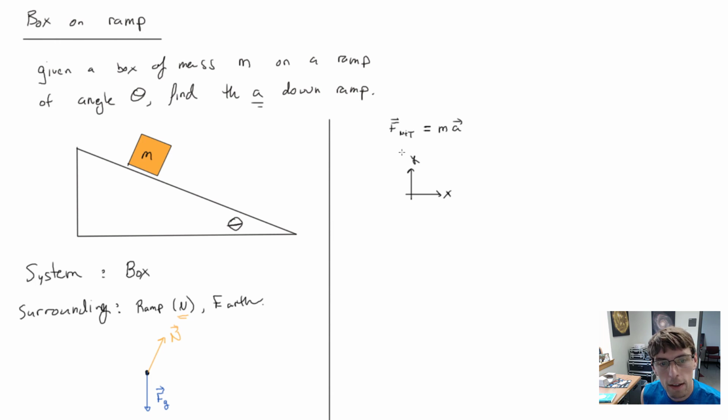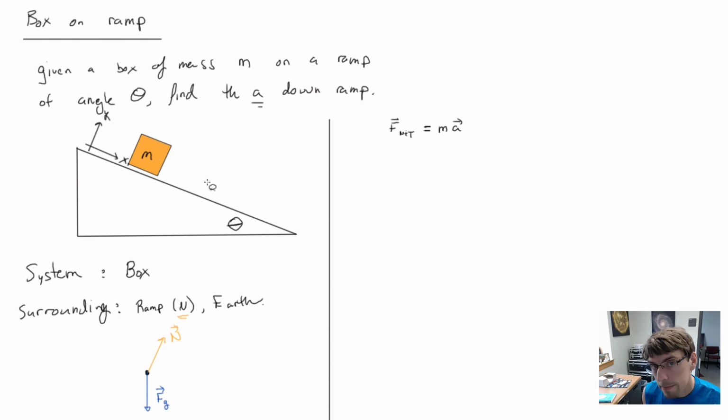But in this situation where we have a ramp, probably the easiest choice of axes is actually not horizontal and vertical, but parallel to the ramp as one direction, say x, and perpendicular to the ramp as the second direction, y.